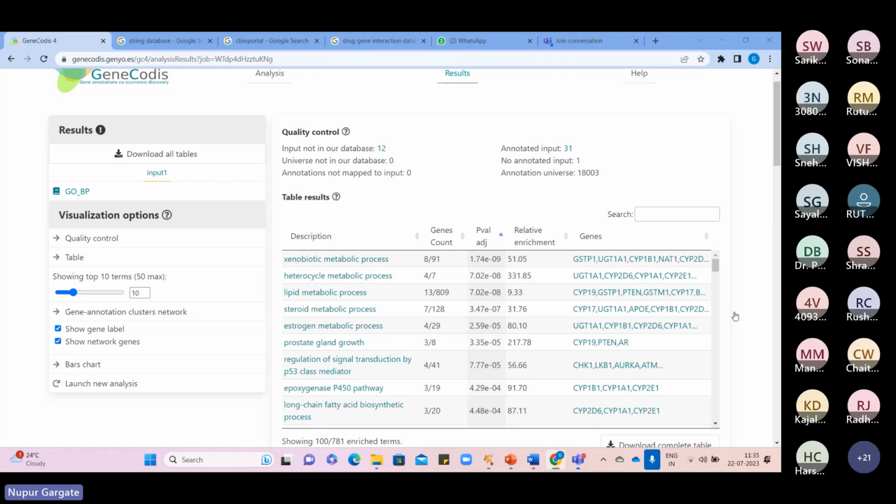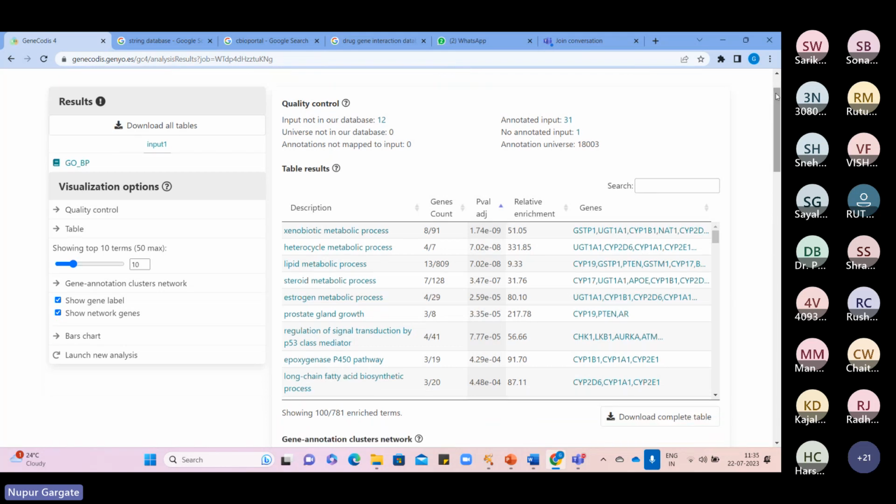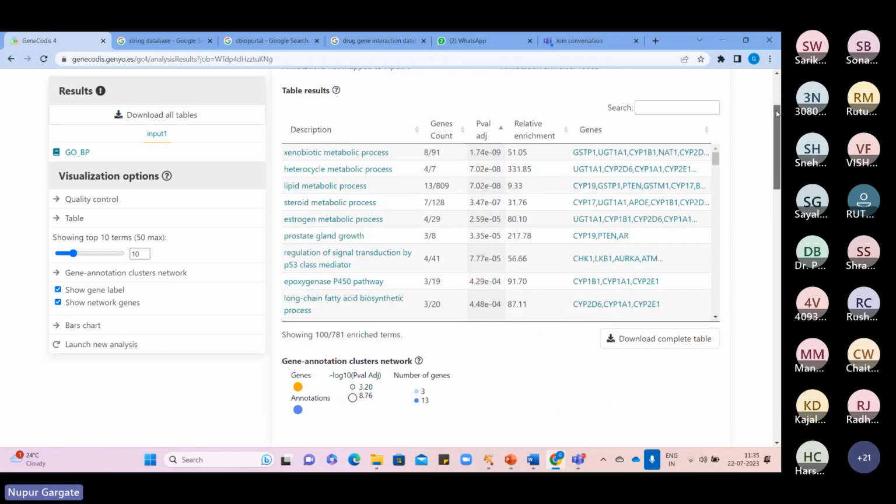So yeah, this is what it looks like. We can see here that on the right hand side we have the genes, and on the left hand side we can see the description which is associated with each gene. So as I said earlier, from GO Biological Process we mainly understand what genes play what role in the body.